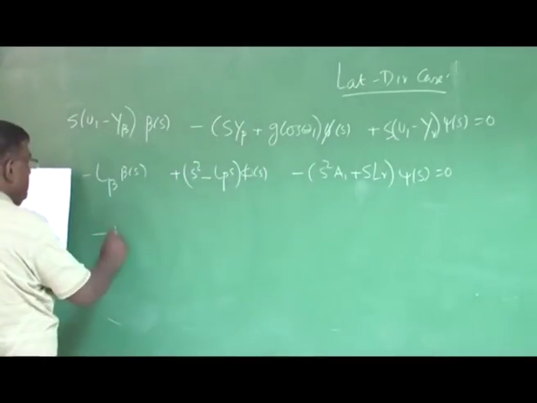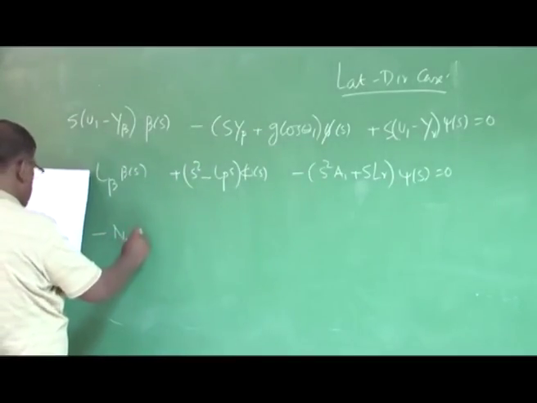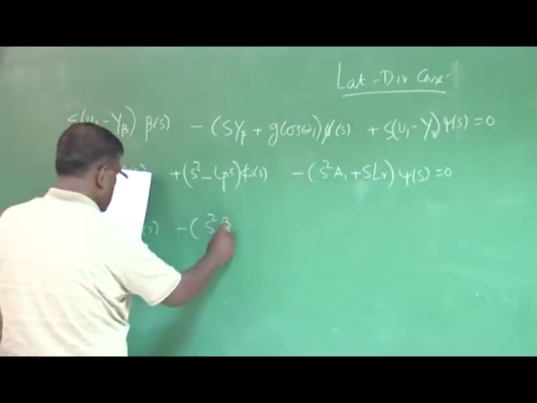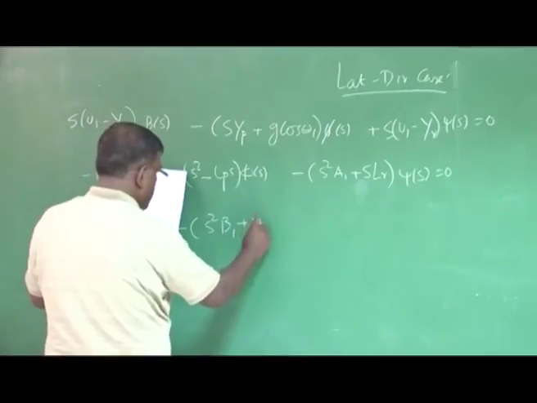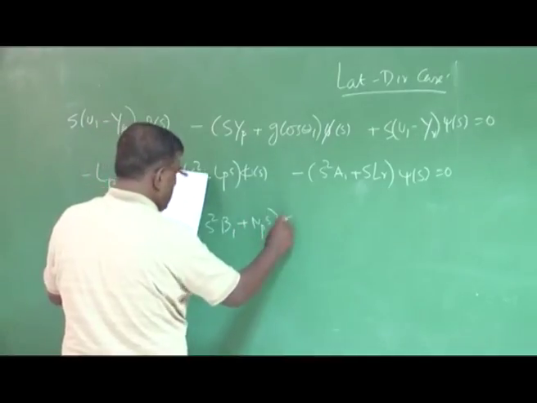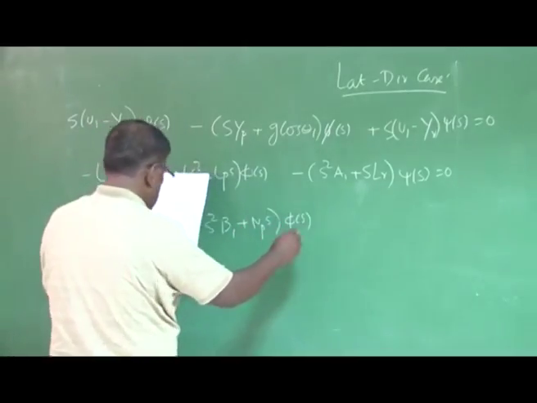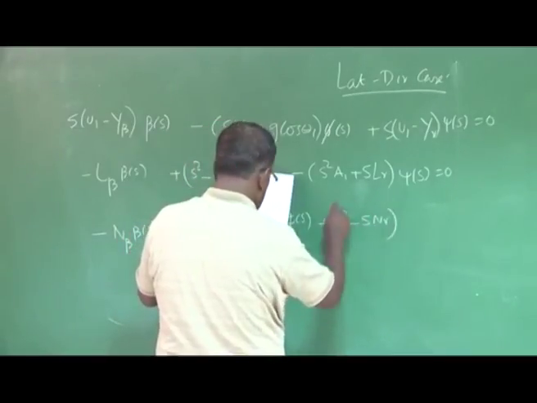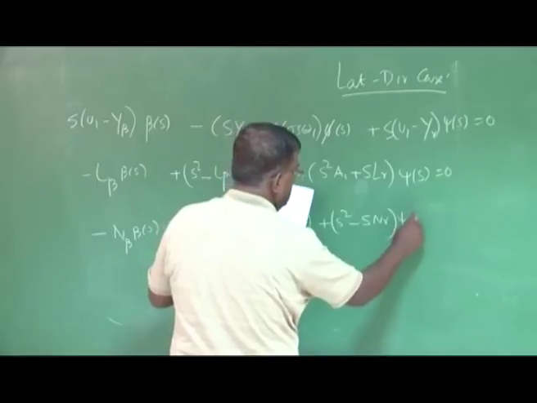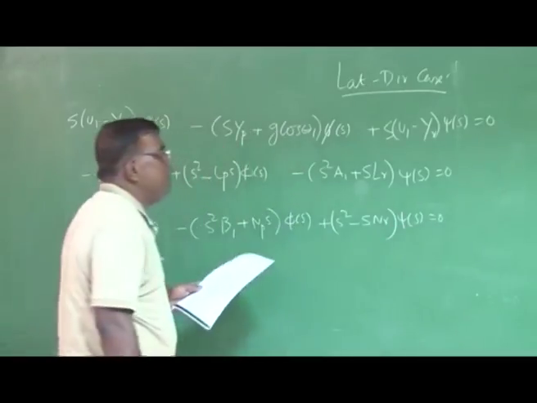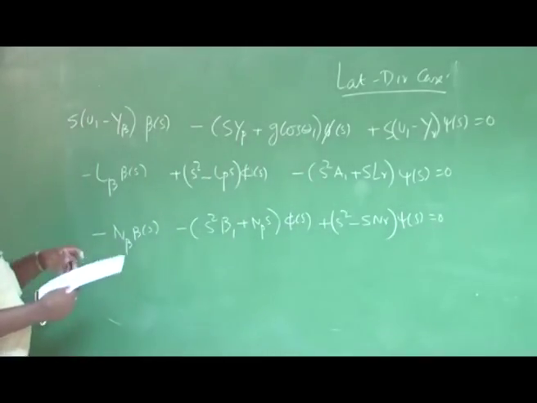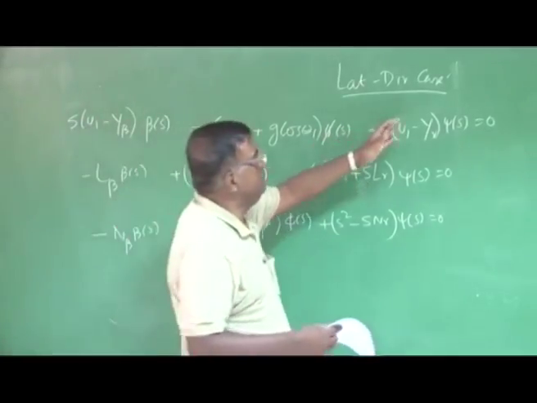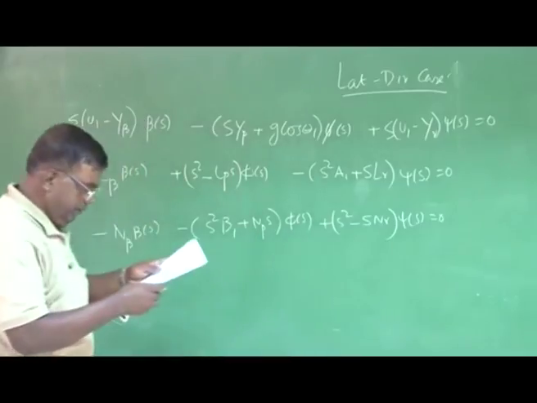Similarly, minus N beta into beta of S, minus S square B1 plus N p S into phi of S, plus S square minus S N r into psi of S equal to 0. So these are free response. Remember the stability matrix: this into beta, this into phi, this into psi, like that it is going.